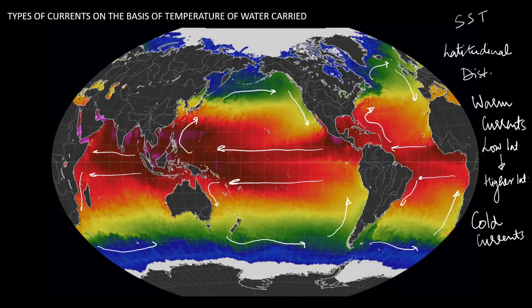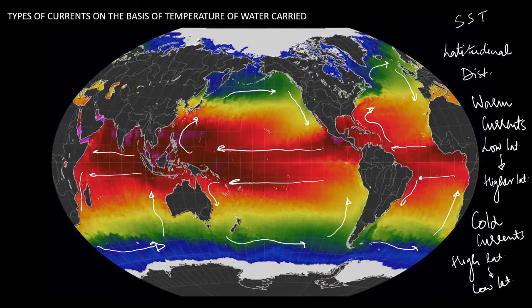Okay. So normally going across the latitudes, these cold currents transport the water from high latitudes towards low latitudes. I hope this is all clear that whenever the current transports warm water, it is called a warm current. Transports cold water, it is called a cold current.